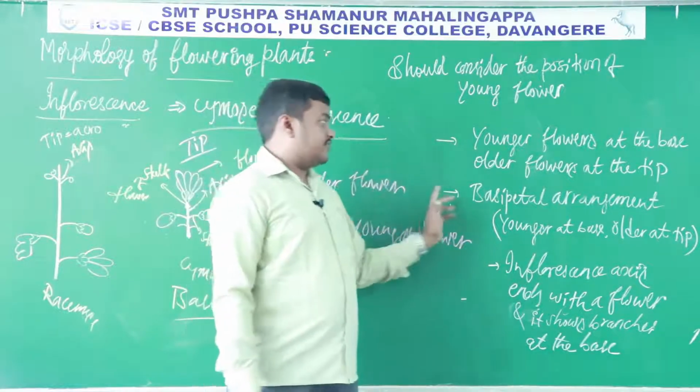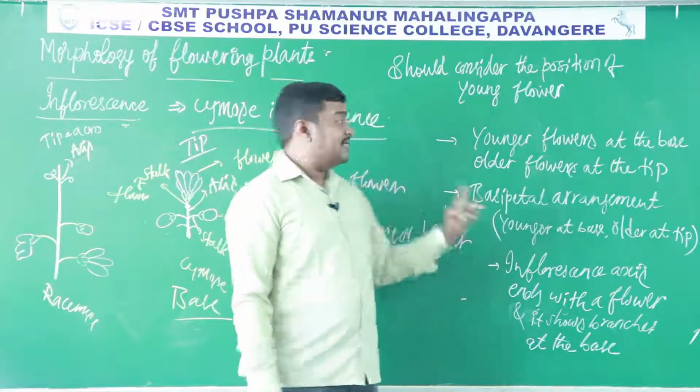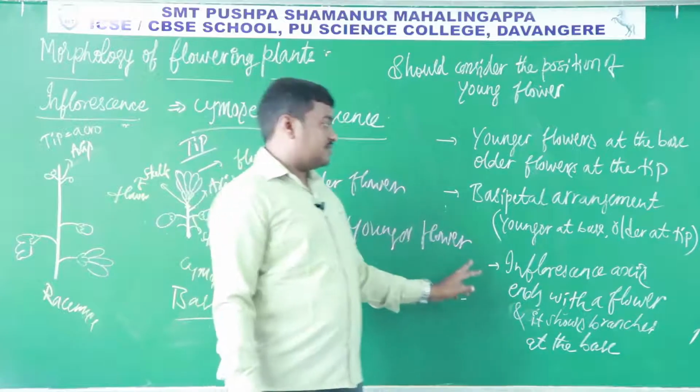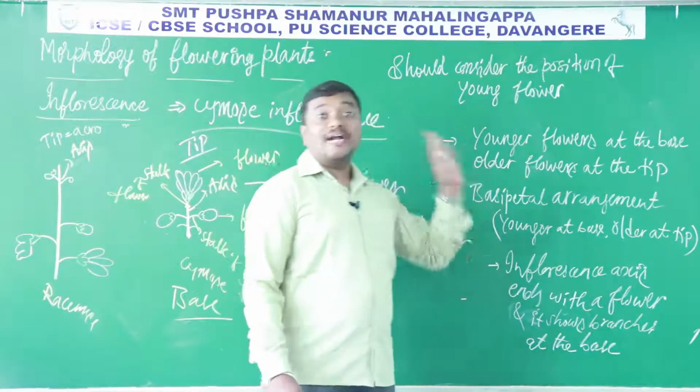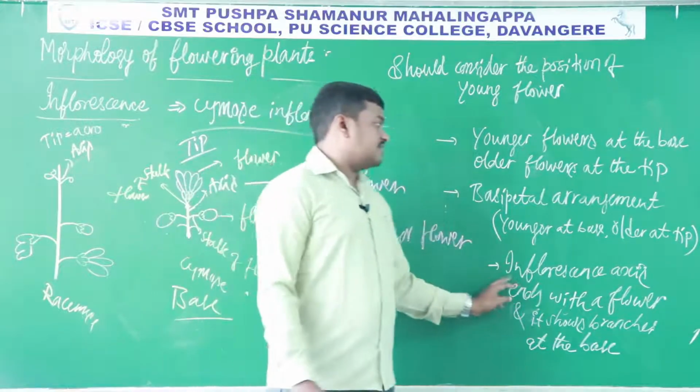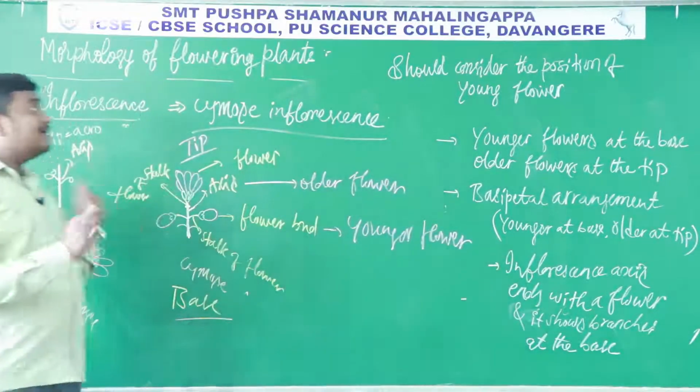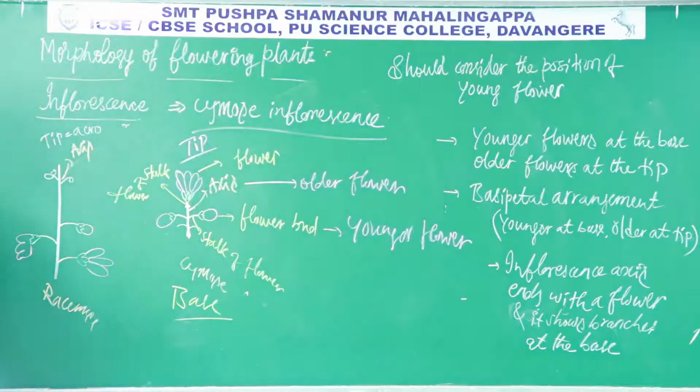Racemose has acropetal arrangement, cymose has basipetal arrangement. In racemose inflorescence the axis can grow continuously, whereas in cymose inflorescence the axis ends with a flower. This is the basic difference between racemose and cymose inflorescence.